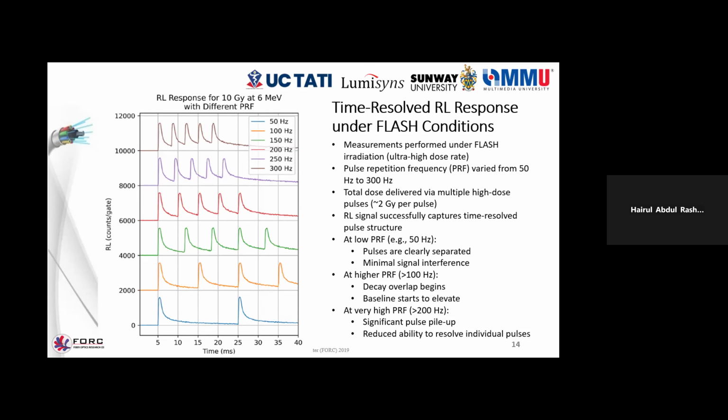As we move to higher PRF, at 200 Hz and 300 Hz, the decay of the pulses starts to overlap and the baseline starts to elevate. You can see that we have a reduced ability to resolve the individual pulses as the pulse repetition frequency increases.